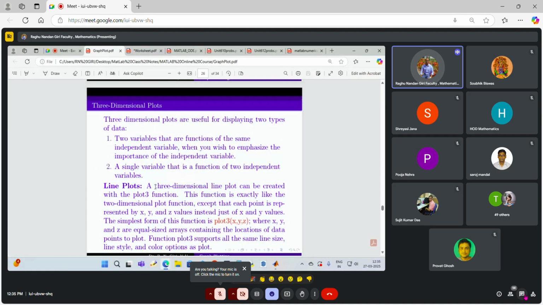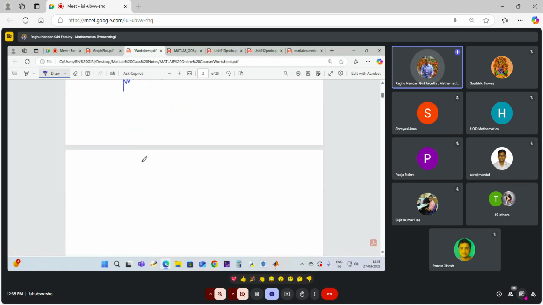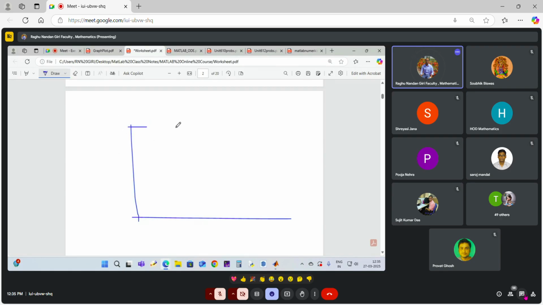Now I come to another thing. I just tell you, in the same figure window there can be multiple graphs. It is also possible to divide the window into cells. For each cell, we can put a graph.